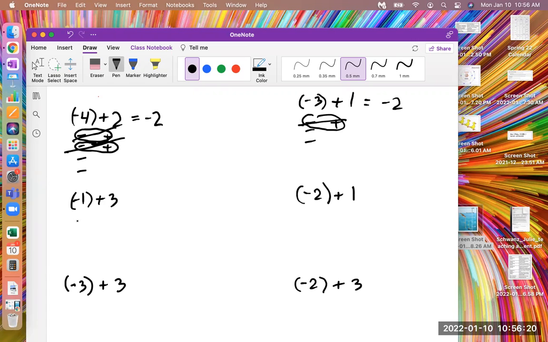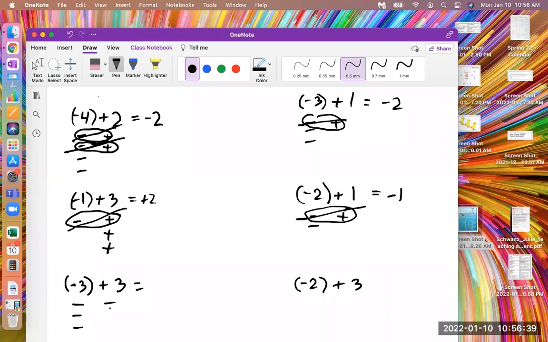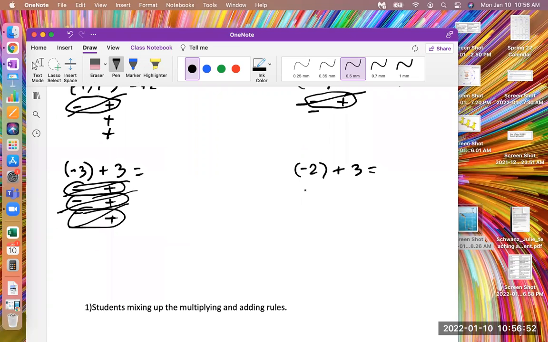So here are the answers that you should have gotten, and the pictures that you should have drawn. Okay, those are the answers that you should have gotten.